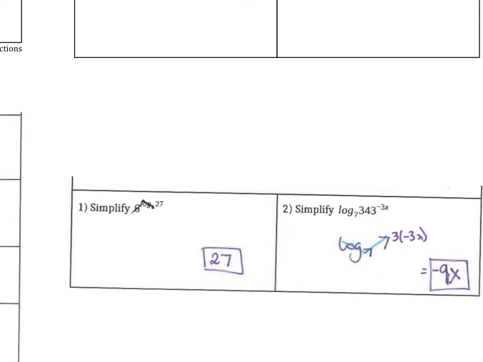Now, with 343, 7 raised to the third power is 343. So what you can do is rewrite the 343 as 7 to the third power, and now it cancels out. And so you're left with 3 times negative 3x, and that answer is negative 9x.